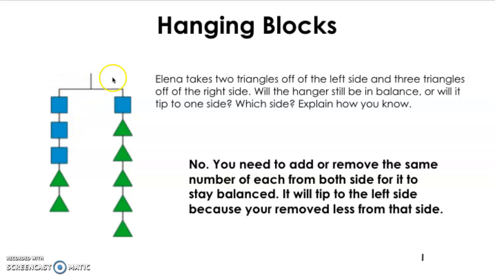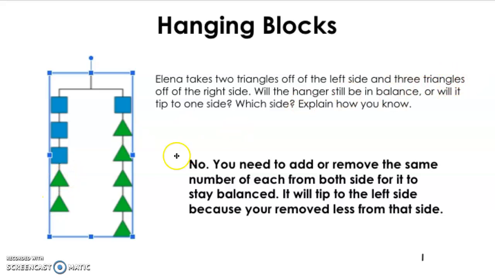So our goal is to keep these diagrams balanced, and right now this one is balanced because the top is even. And Elena wants to know if she takes two triangles off the left side, and three triangles off the right side, if it will stay balanced.